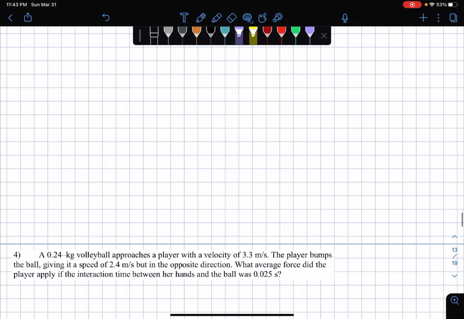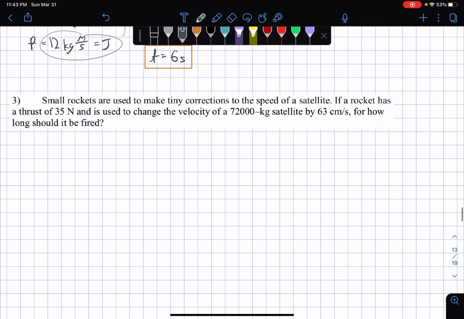Number 3. Small rockets are used to make tiny corrections to the speed of a satellite. If a rocket has a thrust of 35 newtons, and is used to change the velocity of, okay, we have a mass. Damn, that's big. 63 centimeters per second. Okay, we have a velocity value.